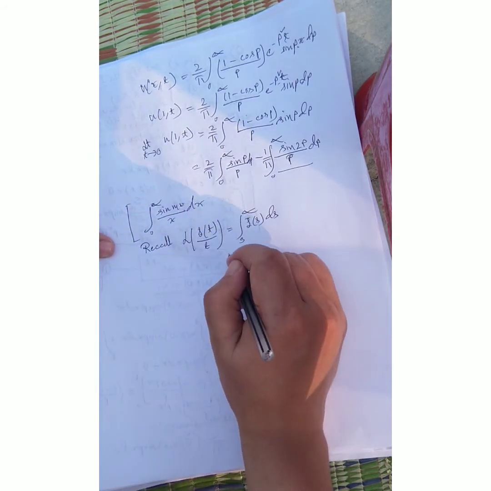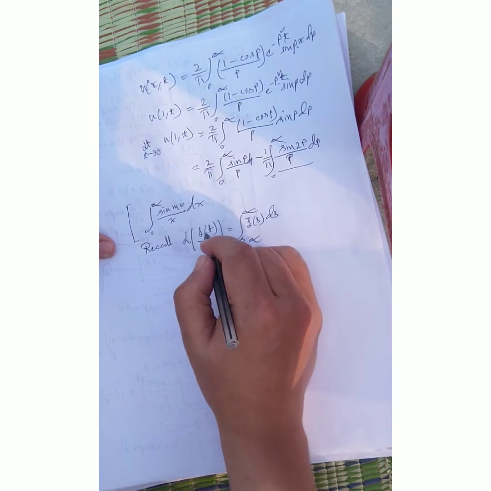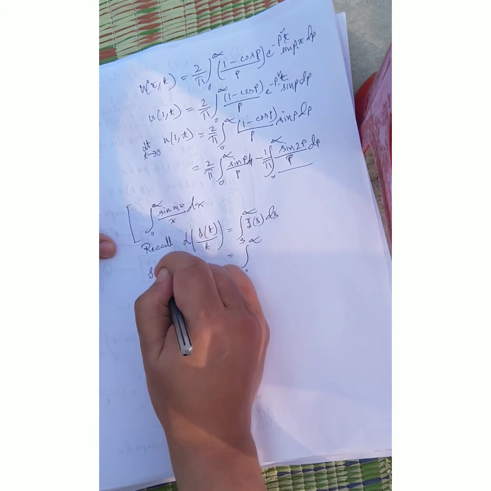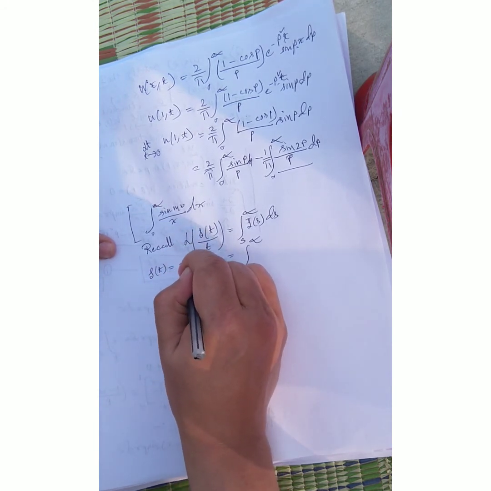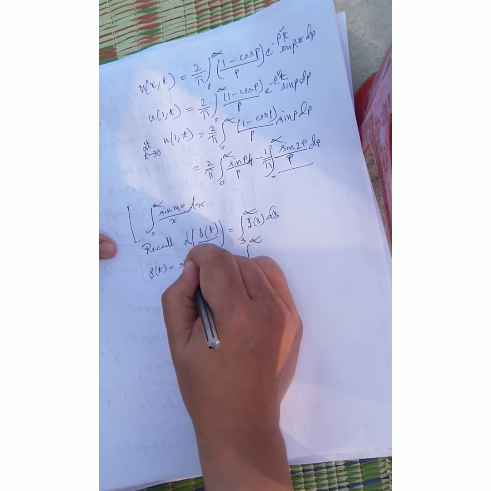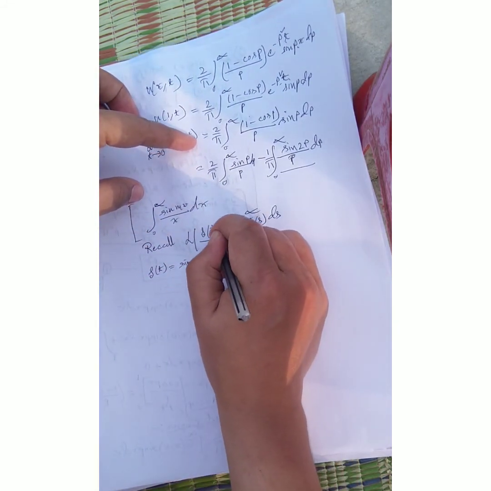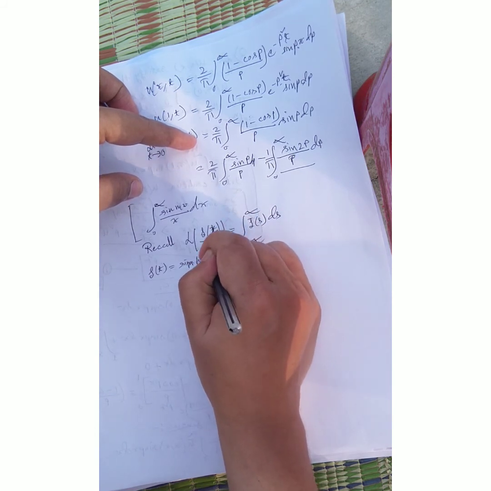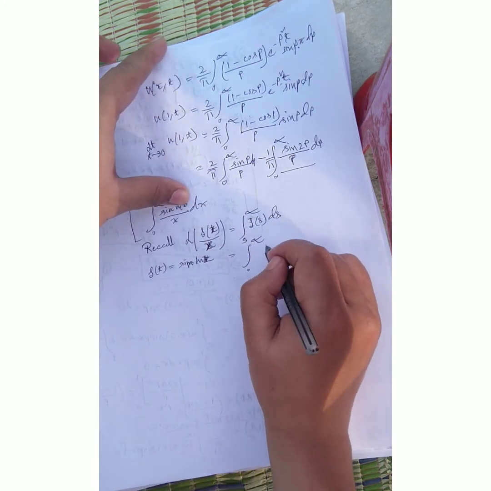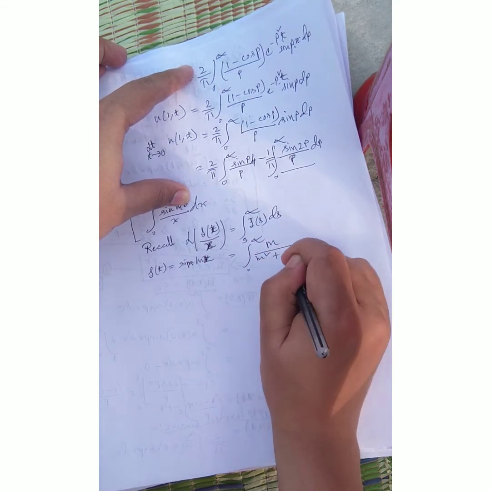Here sin mx means f(t) is equal to sin mt, so f bar s is equal to m divided by (m square plus s square).